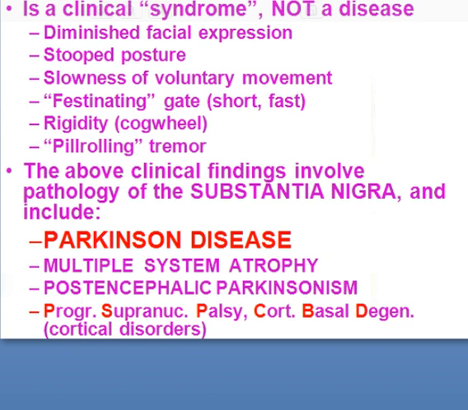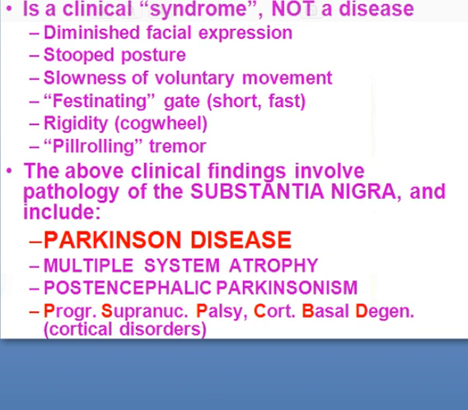One of them is an expressionless face, or what they call diminished facial expression. Another thing is that they're generally a little bit slumped over when they walk or even stand, a sad sack stooped posture. There's generally a little bit of hesitation or slowness when they make voluntary movements.